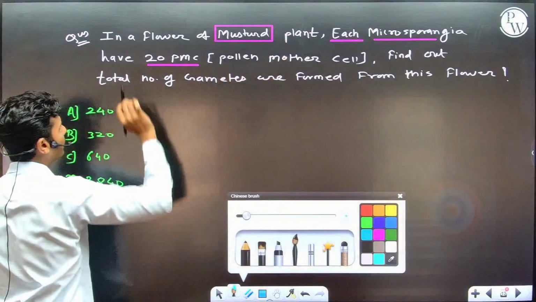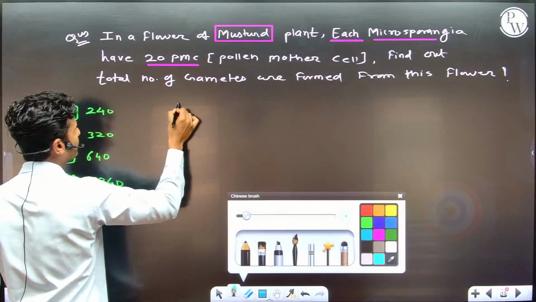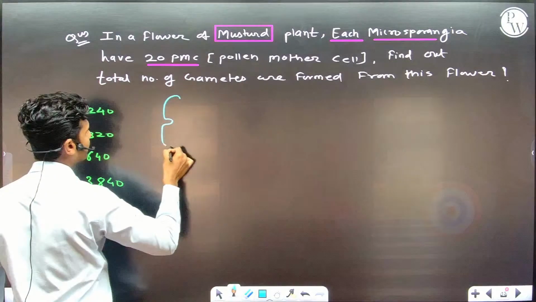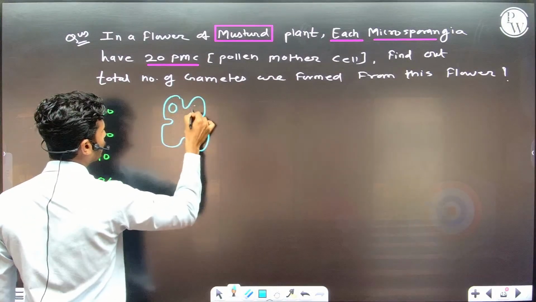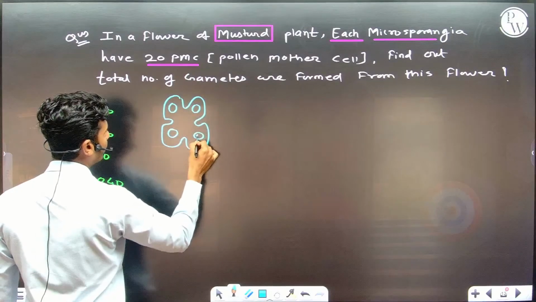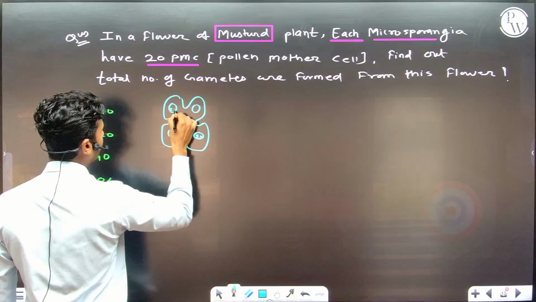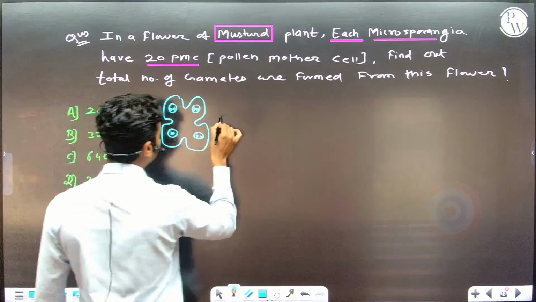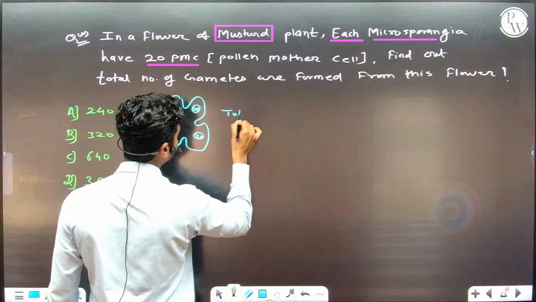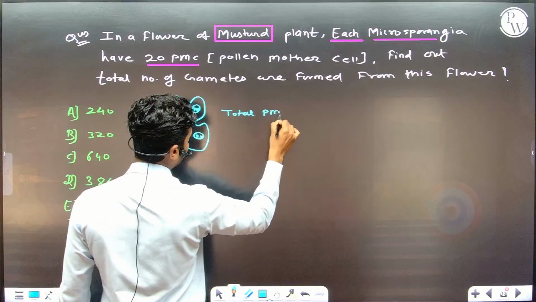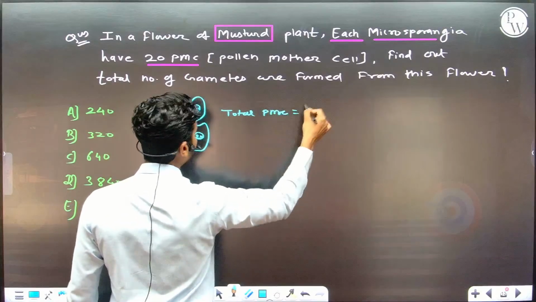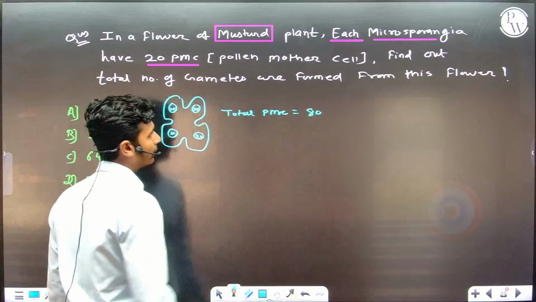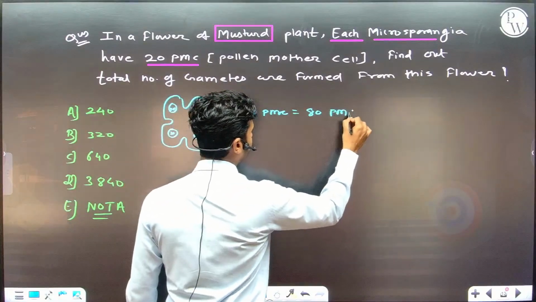Understood the question. Each microsporangium has 20 pollen mother cells. For example, this is the structure of an anther, and each microsporangium has 20 pollen mother cells. So total PMC is 80.